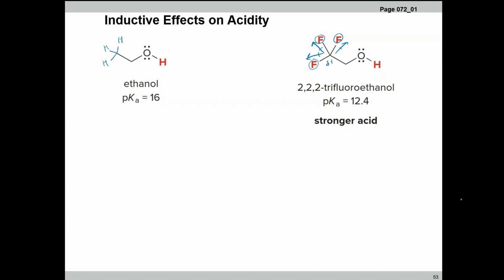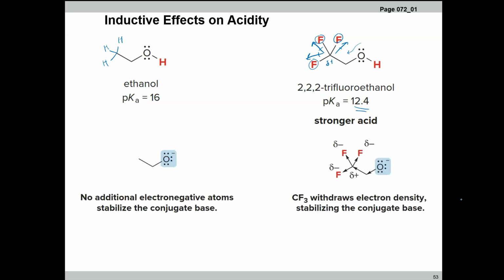We get a partially positive center on the carbon next to the oxygen, which helps pull electron density away from that oxygen and away from the hydrogen. So we find that this is a stronger acid because of those inductive effects.